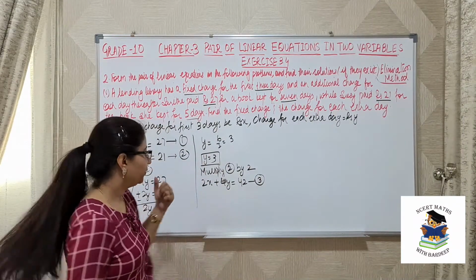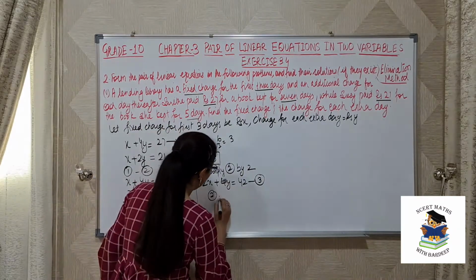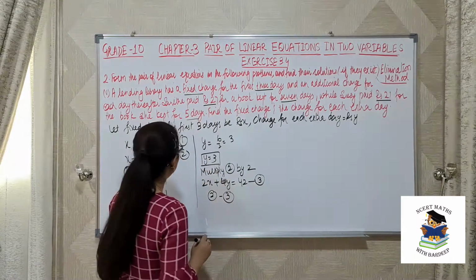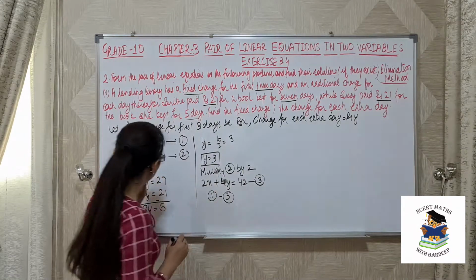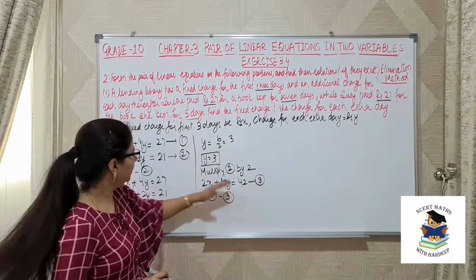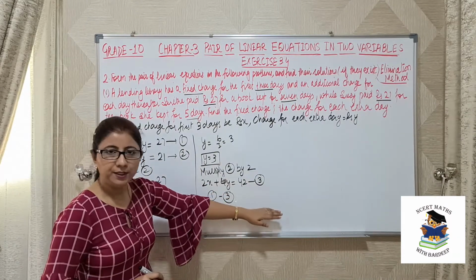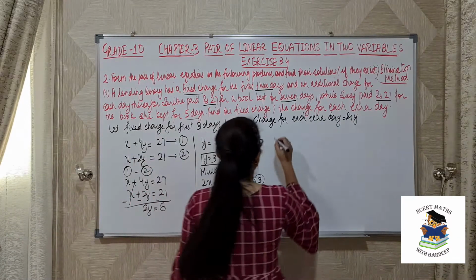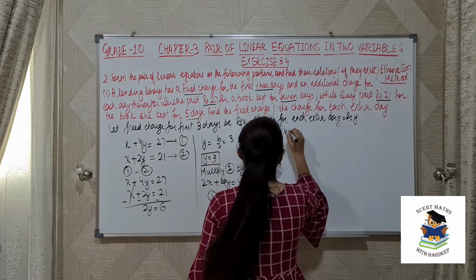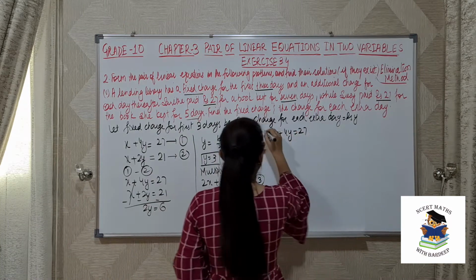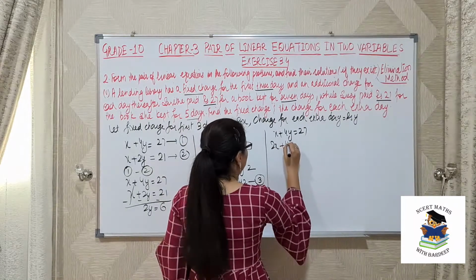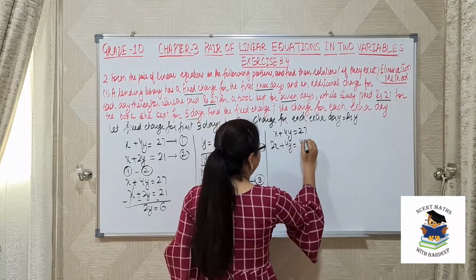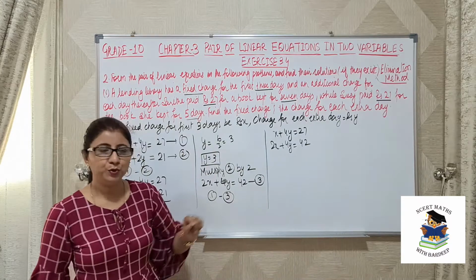So again we have to subtract. So operate 2 minus 3. Not 2 minus 3, actually 1 minus 3, because from 2 equation 3 is formed. So 1 minus 3: x plus 4y equals 27, and second is 2x plus 4y equals 42.